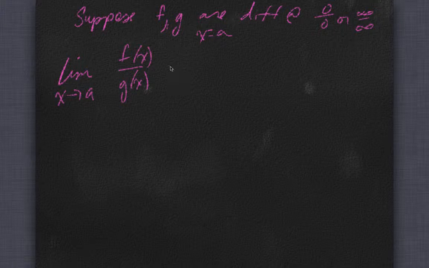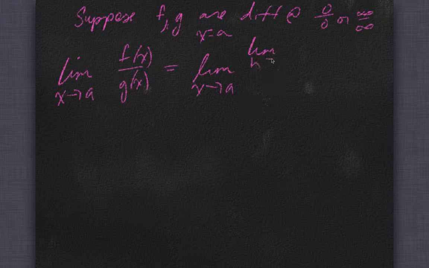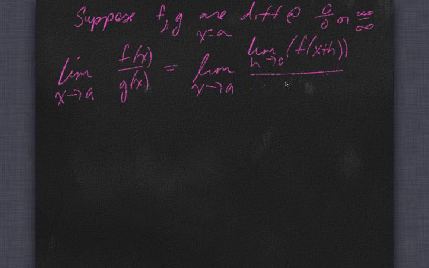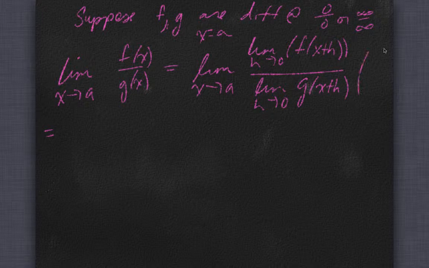That equals the limit as x goes to a of the limit as h goes to 0 of f of x plus h over the limit as h goes to 0 of g of x plus h. And then I'm just going to multiply by 1 over h over 1 over h.